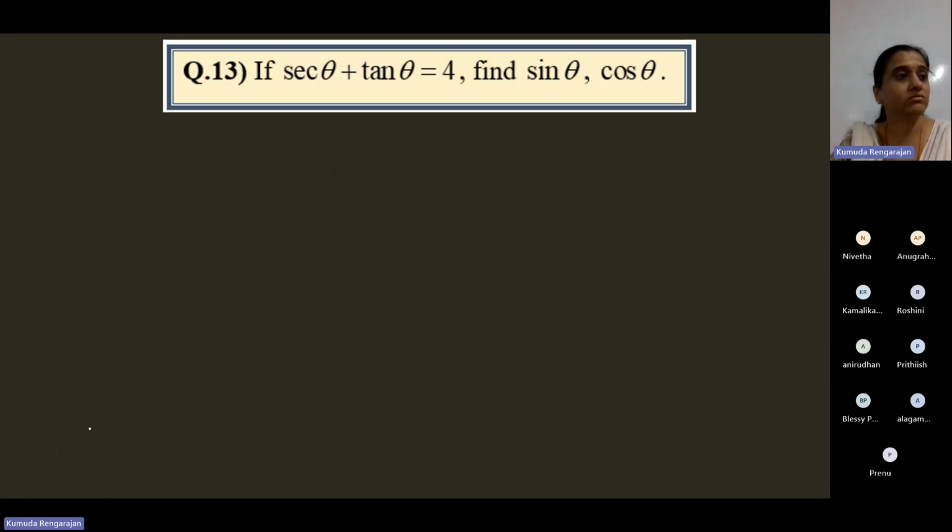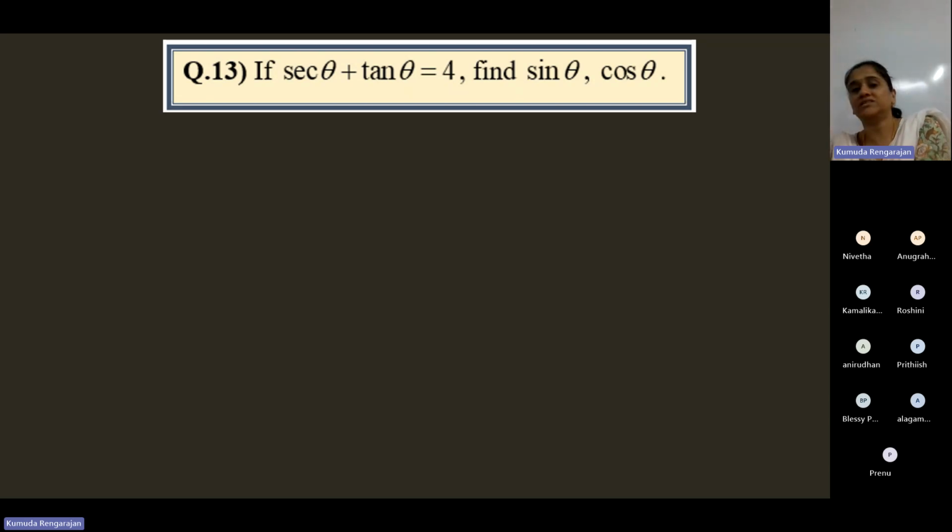Beyond this, you will have to make efforts to remember. Is that clear? So the idea is simple here. Secant theta plus tan theta is 4. So what's the other equation you can write? In the question, they've given you only one equation, so you will write another equation: secant theta minus tan theta is 1 by 4. Now you can solve these two equations, right?